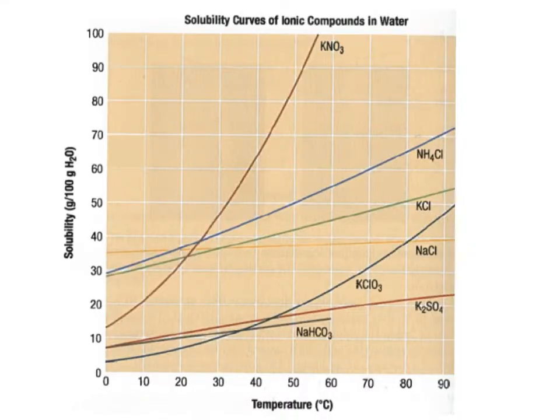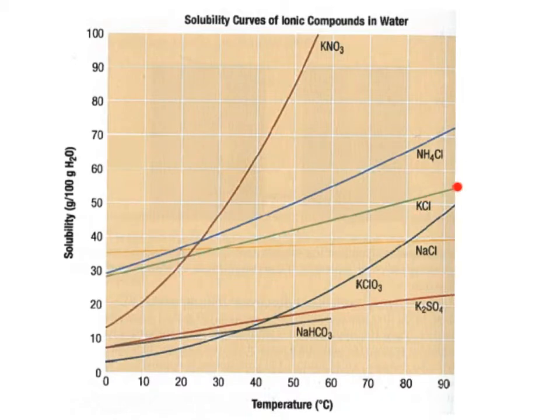This is called a solubility curve for each of these different ionic compounds, and a solubility curve is useful for determining how much solute of a substance will dissolve at a given temperature. Let's say, for example, let's look at potassium chloride right here.